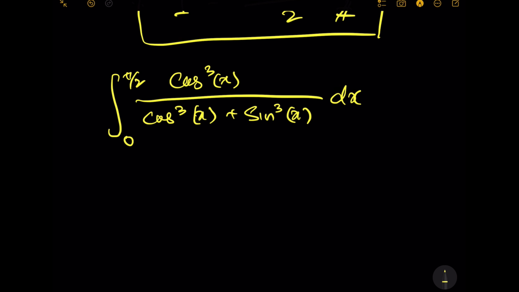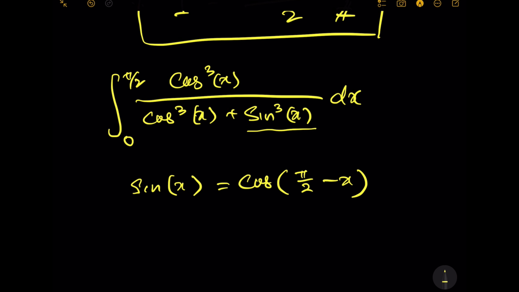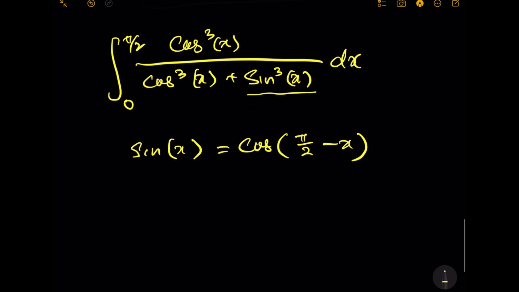Now we need to do some modification. For the sin power 3 x, according to trigonometry, sin x is actually equal to cos of pi over 2 minus x.